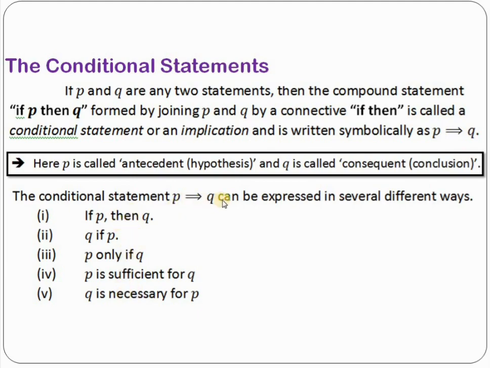P implies Q means if P then Q, or in other words Q if P, P only if Q, P is sufficient for Q, and Q is necessary for P. So whenever you see Q is necessary for P, this means P implies Q. All right, so these are the 5 different styles of representing P implies Q. So you need to memorize this by yourself.